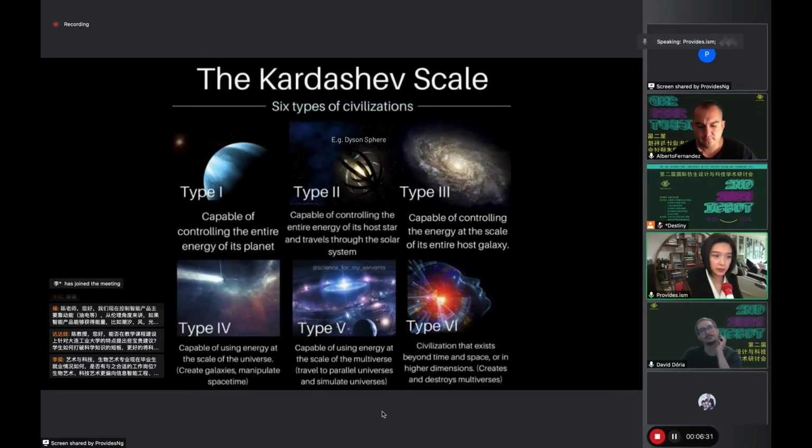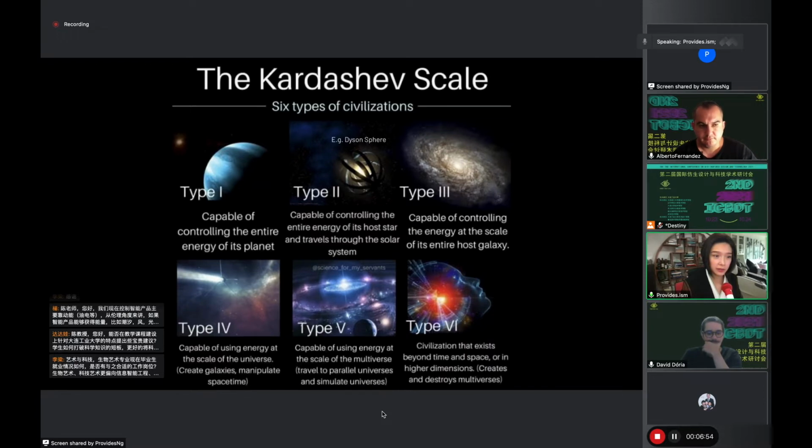And one of the free energy we can harvest on Earth is, of course, from the sun, right? So for instance, a type 2 civilization would theoretically be able to cover the entire sun with photovoltaic elements. And one of the ways is the Dyson sphere, as proposed by the famous physicist Freeman Dyson, who sadly left us last year. So this is a more centralized system in light harvesting.